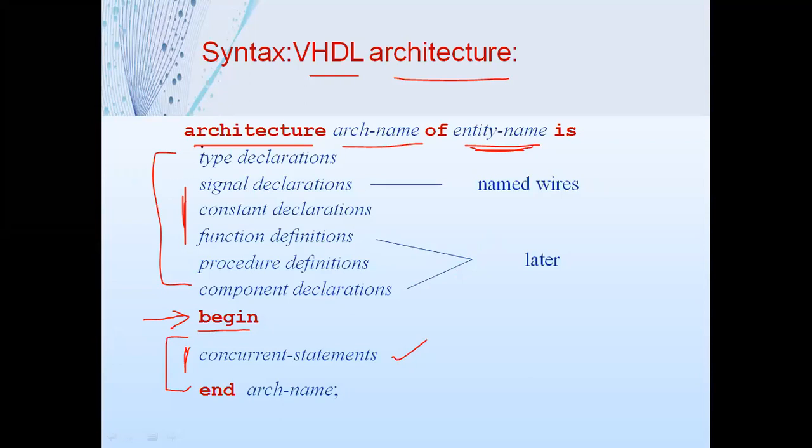This is the syntax for the VHDL architecture. It starts with the keyword architecture with an optional name that the user can select, of the entity is. After that, if you want to declare a type or any signals, some signals are needed internally in the architecture. Externally, we have the real input and output signals.